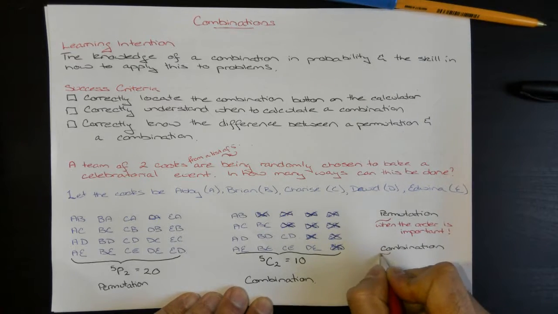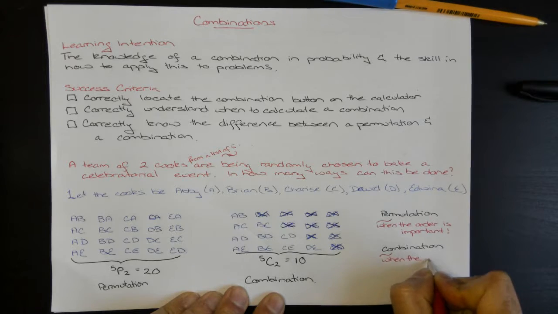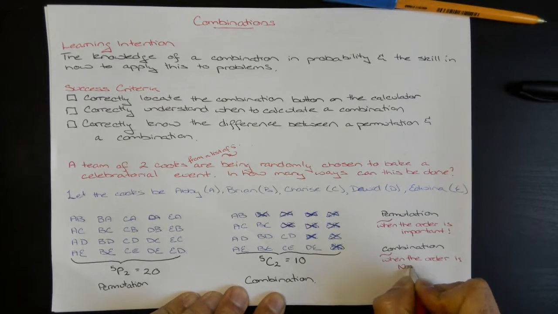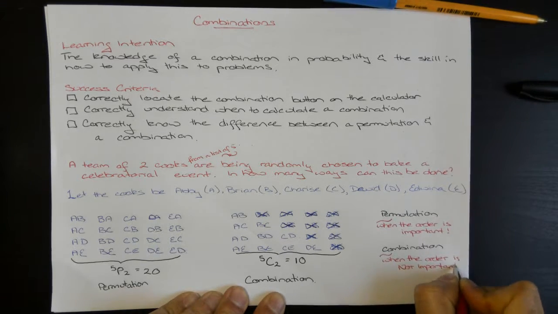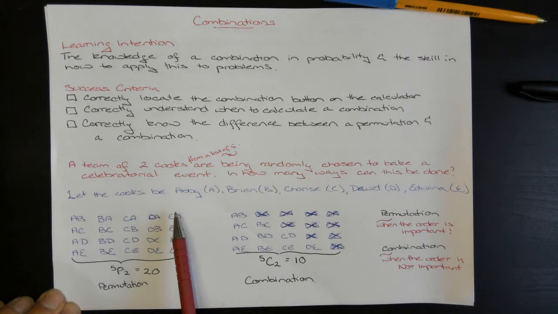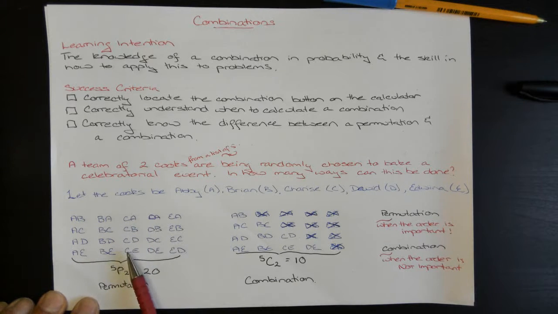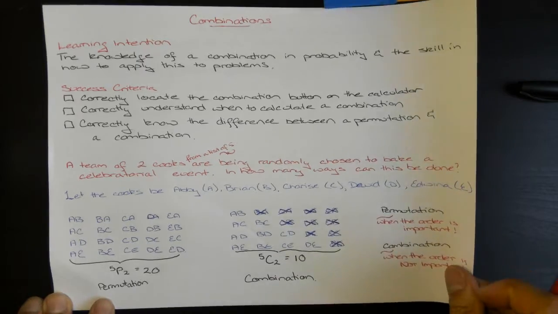And a combination is when the order is not important. So, for example, if I said, in how many different ways could one cook be chosen and then the other cook? That would be a permutation where the order is important. And here it's when the order is not important. So how many teams of 2 could we make?